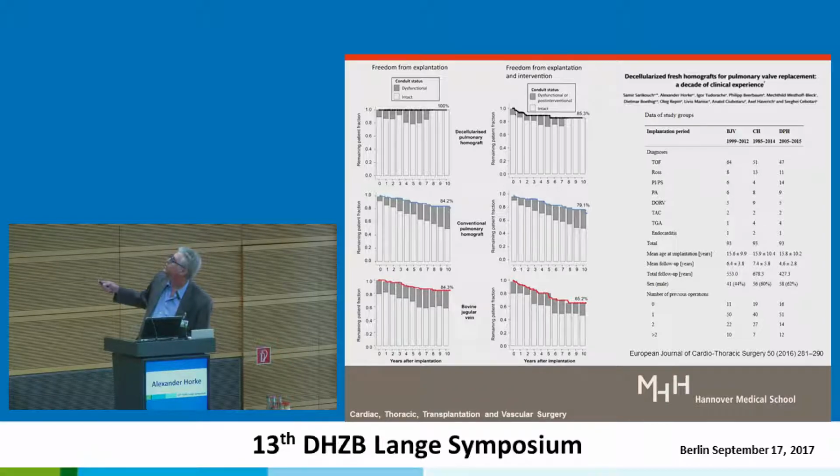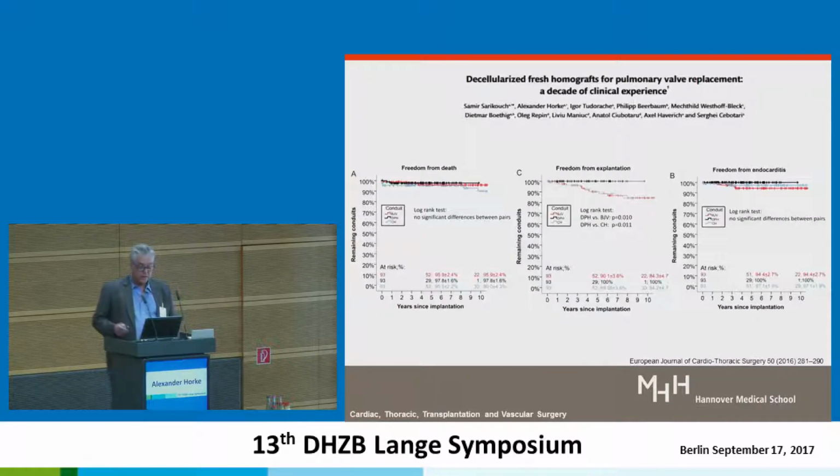Here you see the decellularized grafts, freedom from explantation was 100%, and with the conventional homografts 84, also with the bovine jugular veins, and freedom from explantation and intervention was 85, here nearly 80 and 65. So you see, if you look at matched pairs, that you have a really good graft.